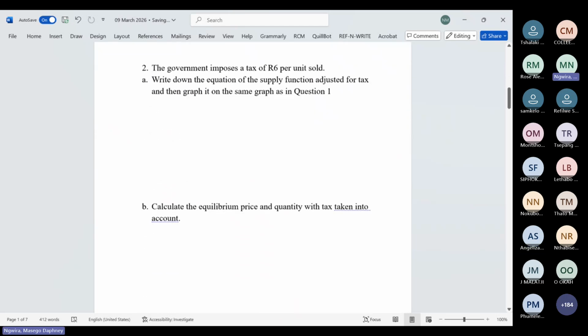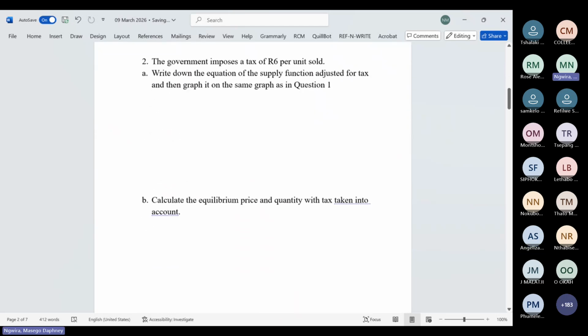Number 2 says the government imposes a tax of 6 rand per unit sold. And A, they're saying write down the equation of the supply function adjusted for tax and then graph it on the same graph as in question 1.